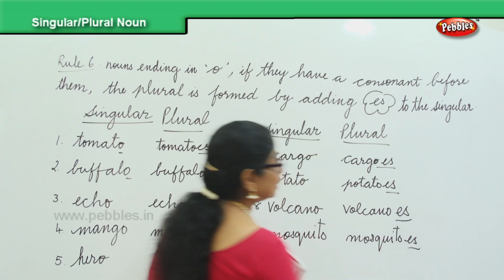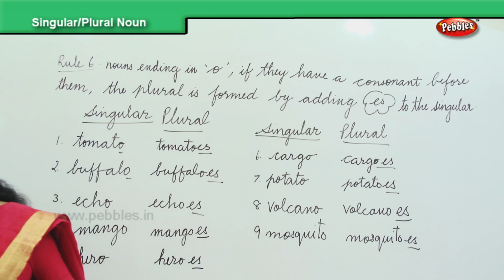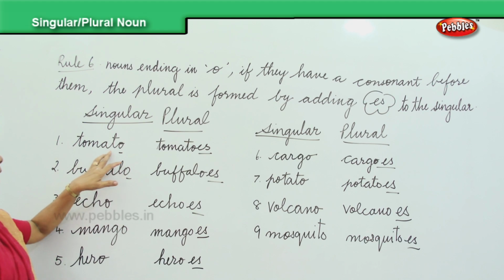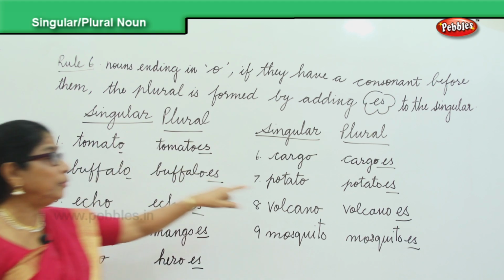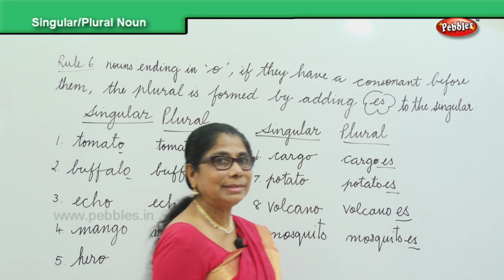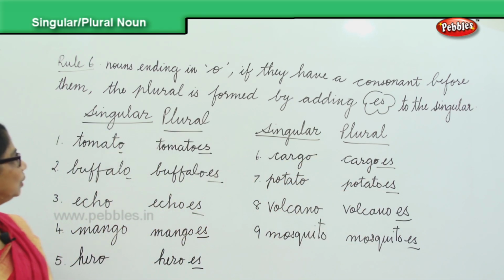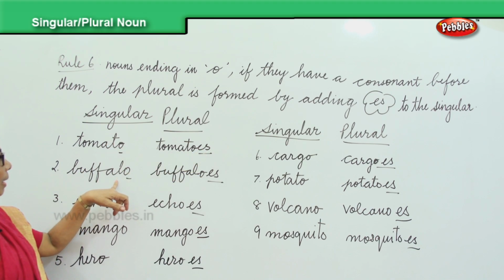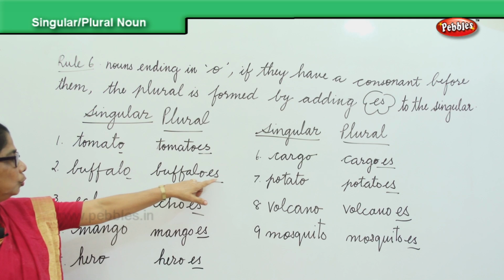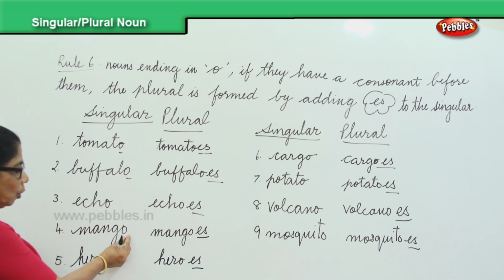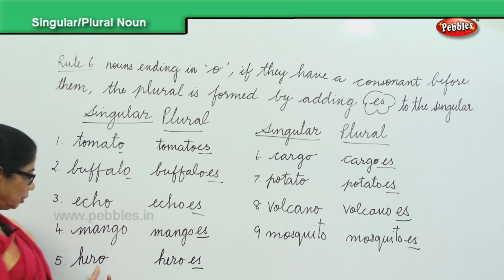Rule 6 says, if a noun ends in O and there is a consonant before the O, then to form the plural, you add ES. That's it. Okay, now let's look at these words. Tomato, tomatoes. Buffalo, buffaloes. Echo, echoes. Mango, mangoes.